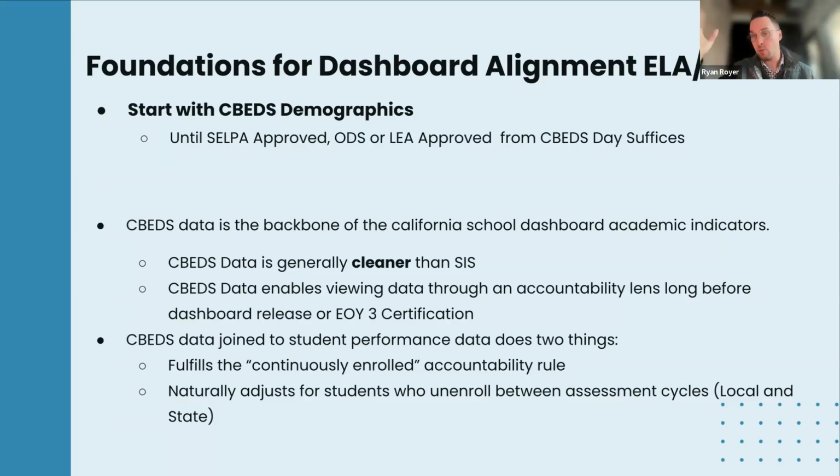And so, Christine, to your point, that non-stability rate is actually mitigated to some extent by having it attached to census day data at the beginning of the year. It controls for that 1 full year of instruction or continuously enrolled.